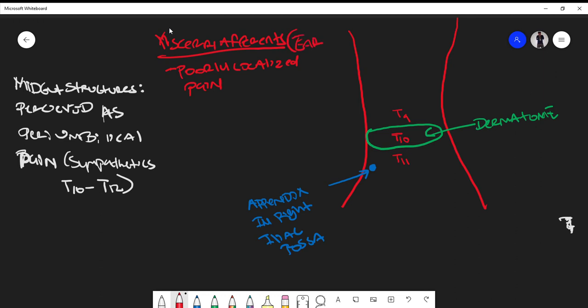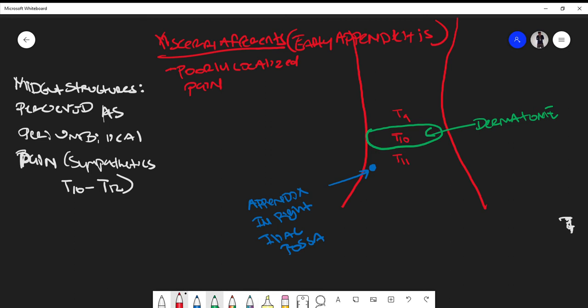So in early appendicitis, we just talked about the visceral afferents traveling back with the sympathetics to the T10 dermatome. And so in early appendicitis, the pain is poorly localized, felt in the T10 dermatome.